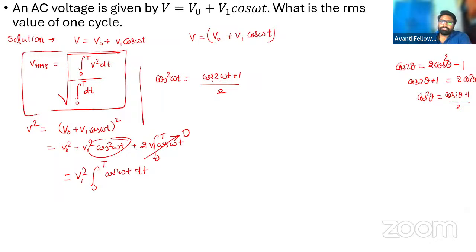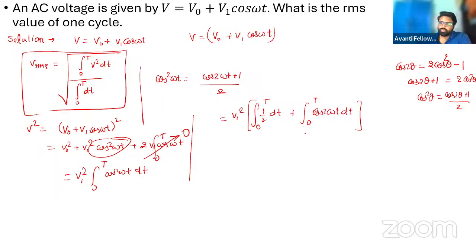We know the integration of this: V1 square times the integration of 1 by 2 dt plus the integration of 1 by 2, and V1 square is common, 0 to T, cos 2 omega t dt.